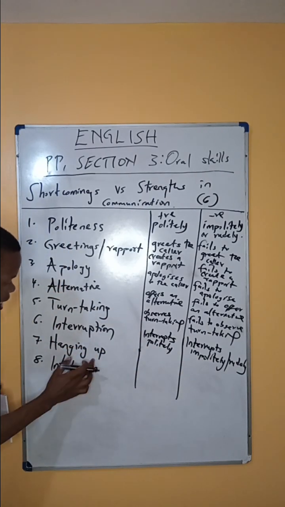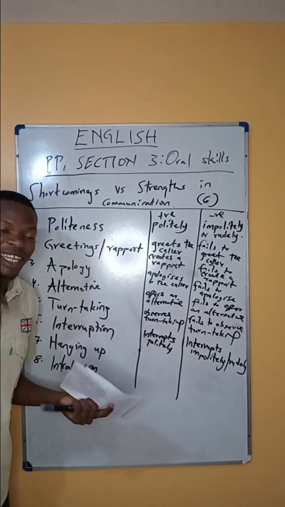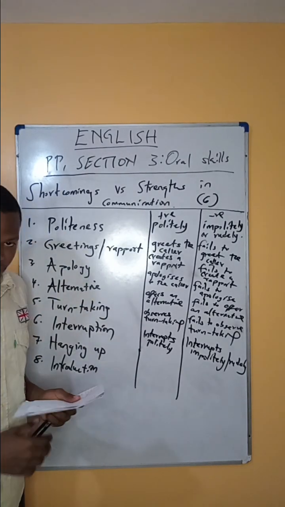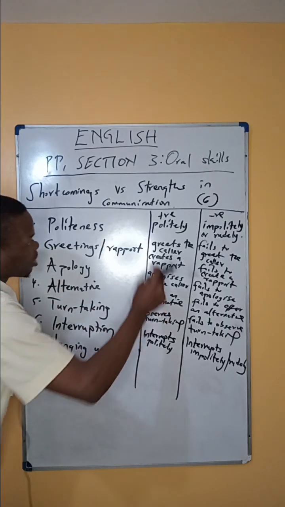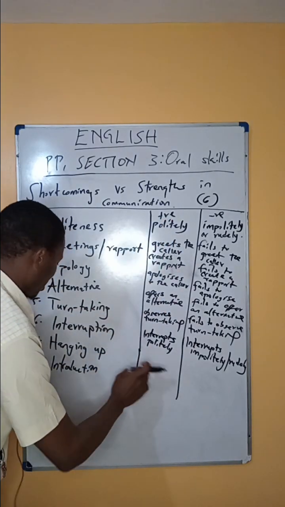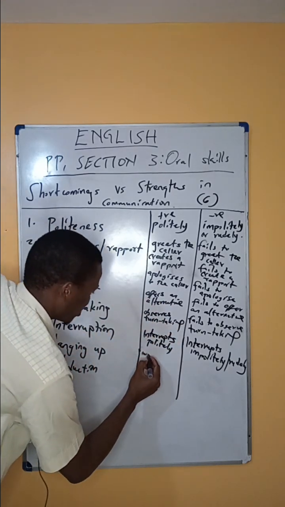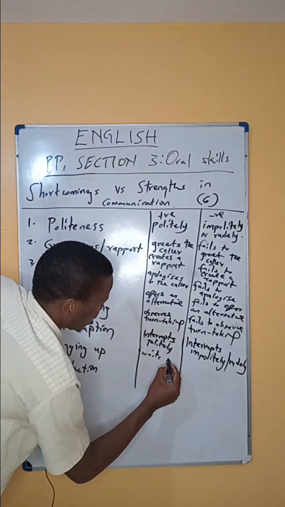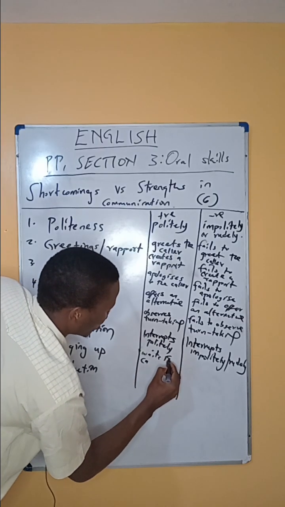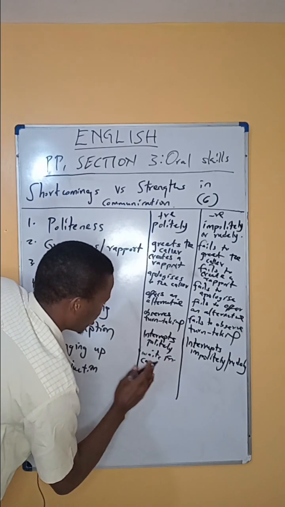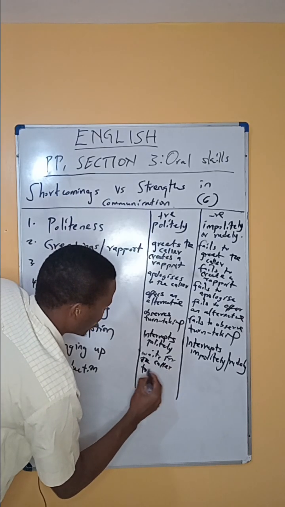Now we have hanging up. On a call, it is good that you let the caller hang up. So if the caller is the one who hangs up, you say that person B waits for the caller to hang up.